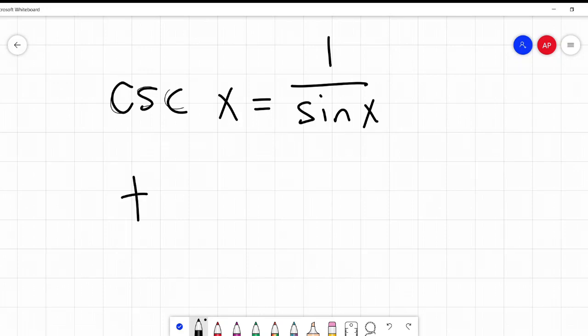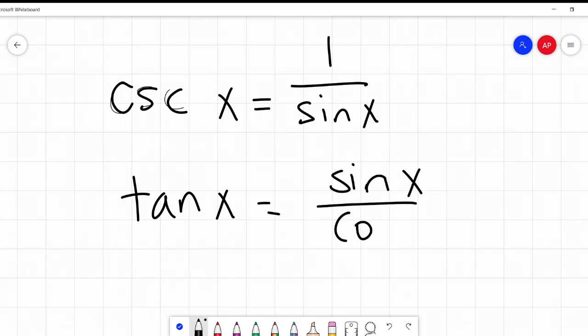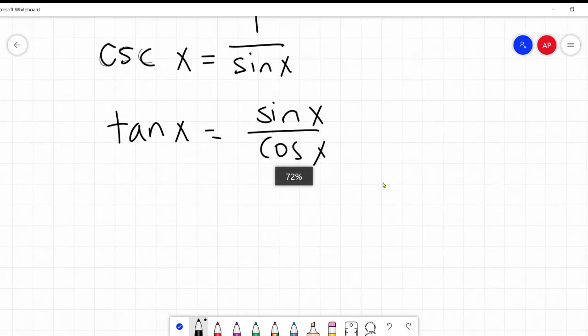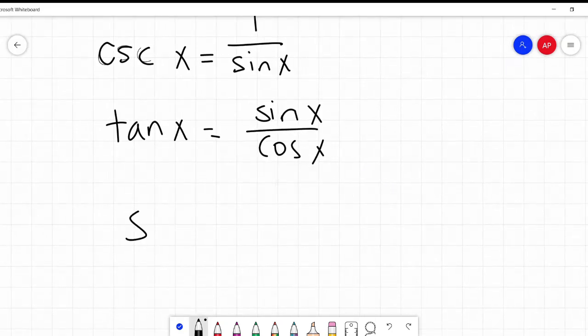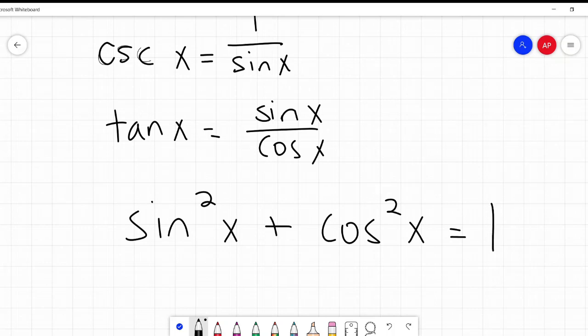Saying that tangent of x equals sine of x divided by cosine of x, that's a trigonometric identity. Saying that sine squared of x plus cosine squared of x equals 1, that's a trigonometric identity. And there's quite a few of these, frankly.